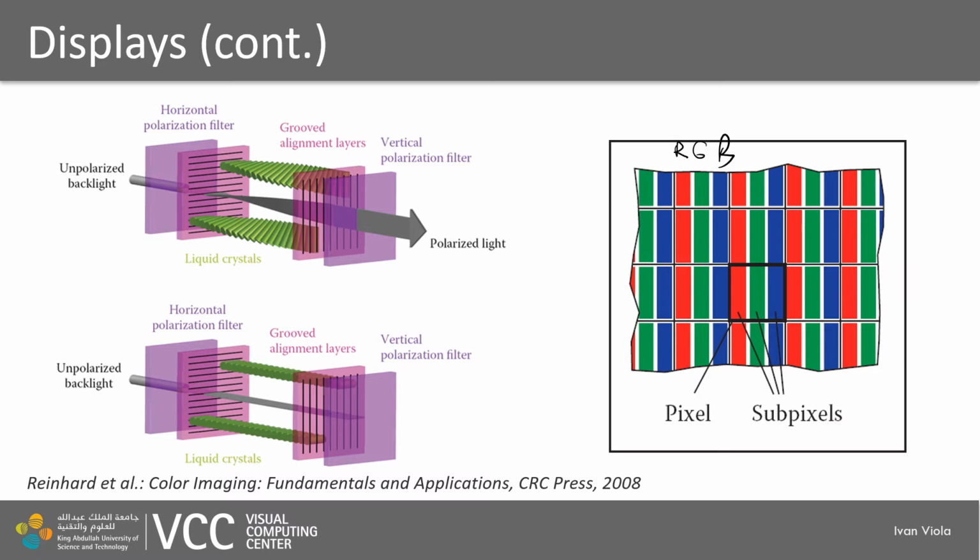So if all three of these so-called subpixels within one pixel will be shining at a full intensity, they will form a white light. If they all will be turned off, they will be forming a black pixel representation. We will be talking about this in a moment on some slides later.